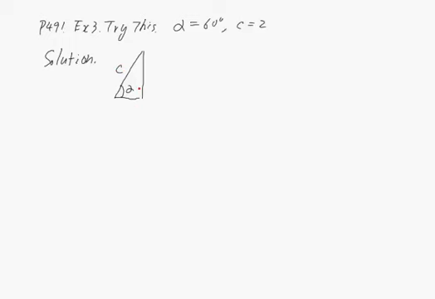We know this is a right triangle, so that means this angle, we call it gamma, is equal to 90 degrees, right? Then first, we need to find the third angle, beta.